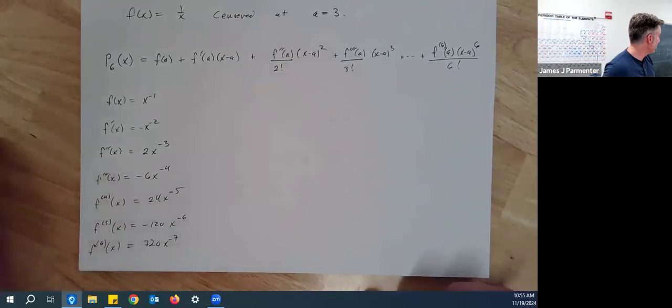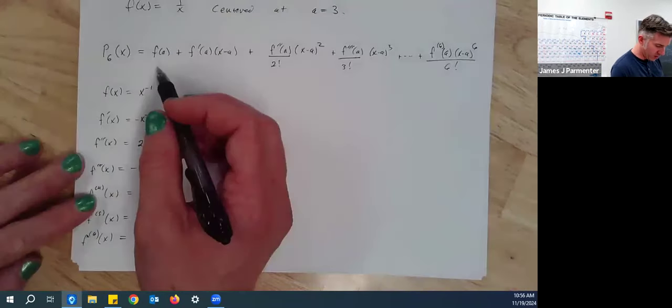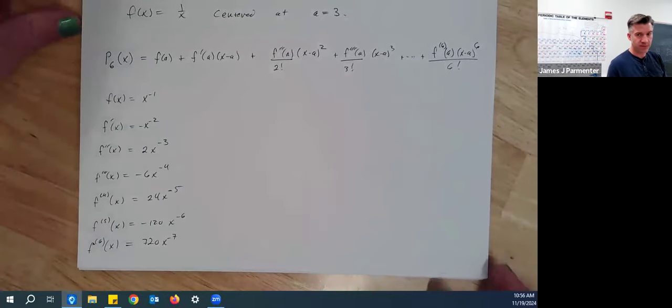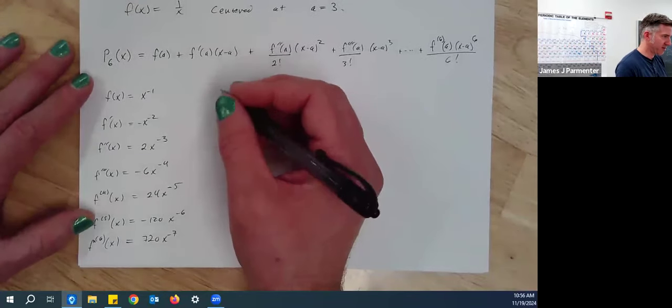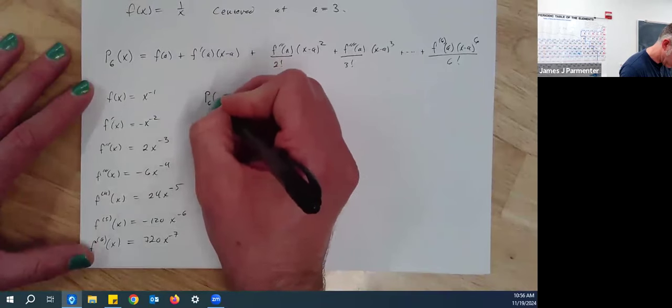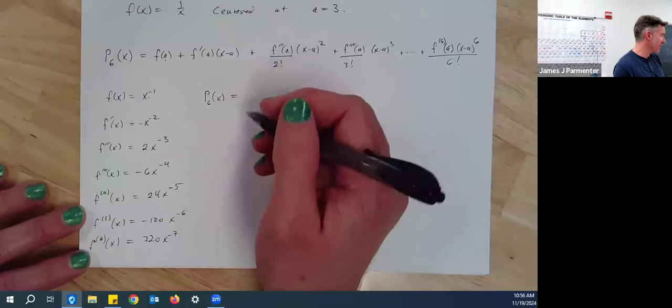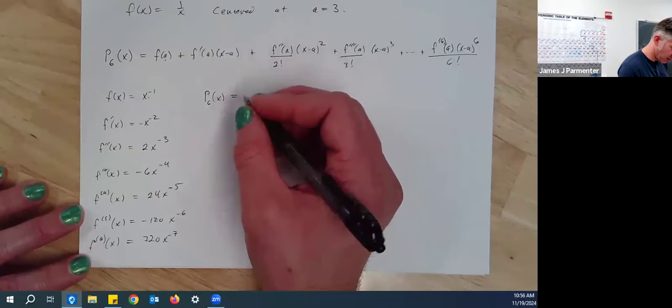So then we're going to take each of those and plug in 3, and then write out the whole entire formula. We might not write the whole thing out. It seems terrible, but let's start here. f of 3 is just going to be 3 to the negative 1. You can write it as 3 to the negative 1. You don't have to rewrite it as 1/3, although you certainly could.